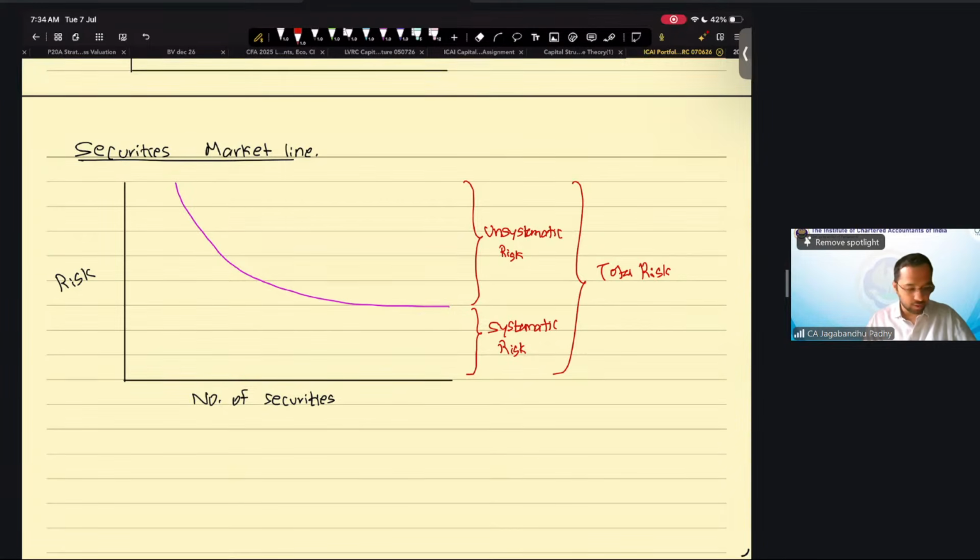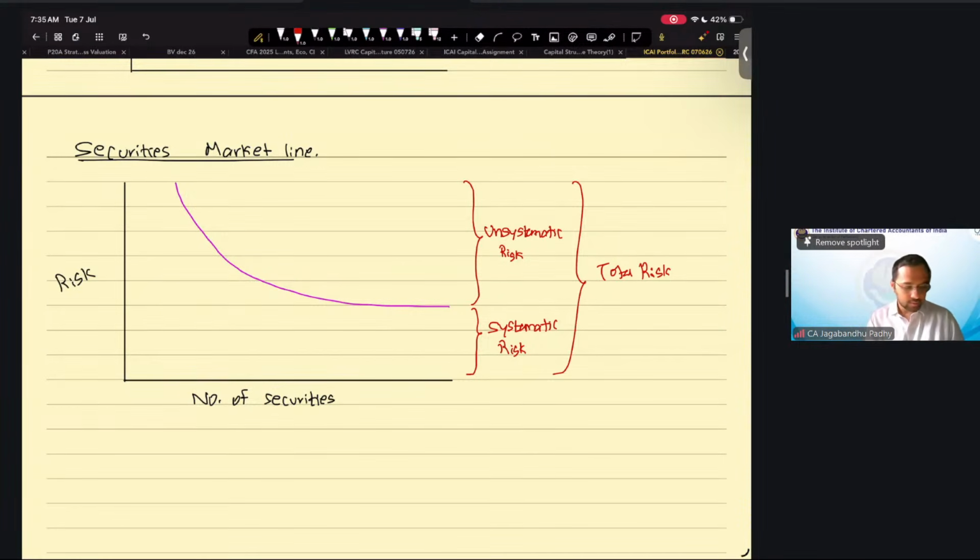Therefore, we say that systematic risk is something which you have to accept in your portfolio. Now, the risk that we are definitely going to undertake is called systematic risk.